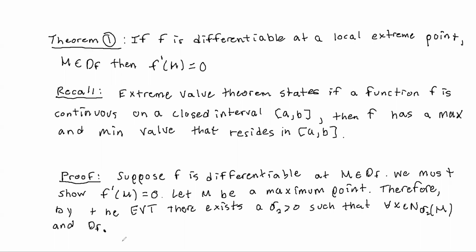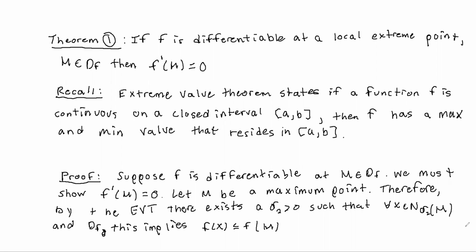That's important. This implies f of x is less than or equal to f of mu. Notice here that the neighborhood of delta sub 2 and mu doesn't have to reside in the domain of f. We have to consider that, and that's why we're going to need another delta neighborhood to account for that case.